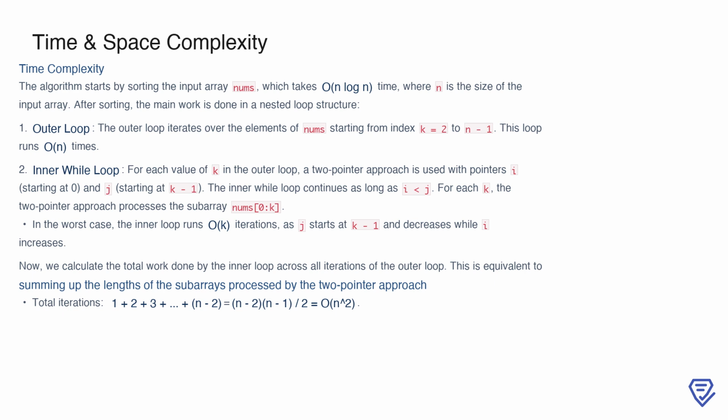The inner while loop continues as long as i is less than j, processing the subarray nums[0..k]. In the worst case, the inner loop runs O(k) iterations for a given k, since j decreases as i increases. To determine the total work done by the inner loop across all iterations of the outer loop, we sum up the lengths of the subarrays processed by the two-pointer approach. This sum evaluates to 1 plus 2 plus 3 up to n minus 2, which simplifies to (n minus 2)(n minus 1)/2, or O(n squared).